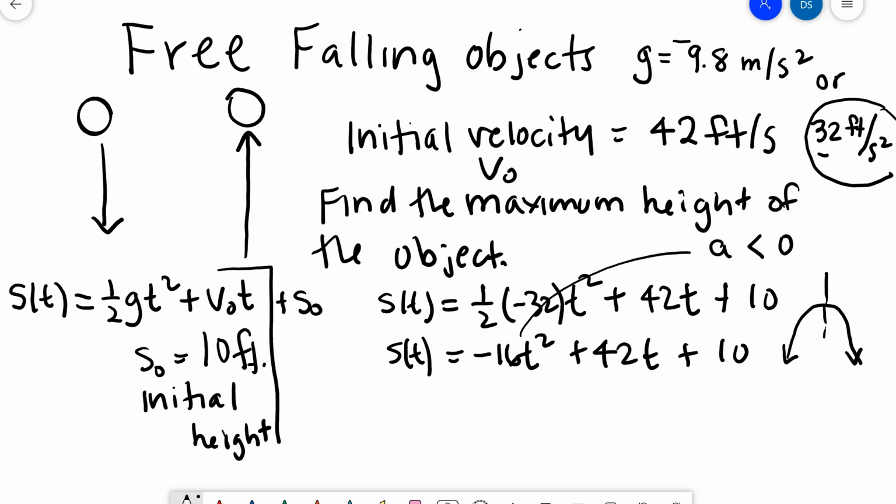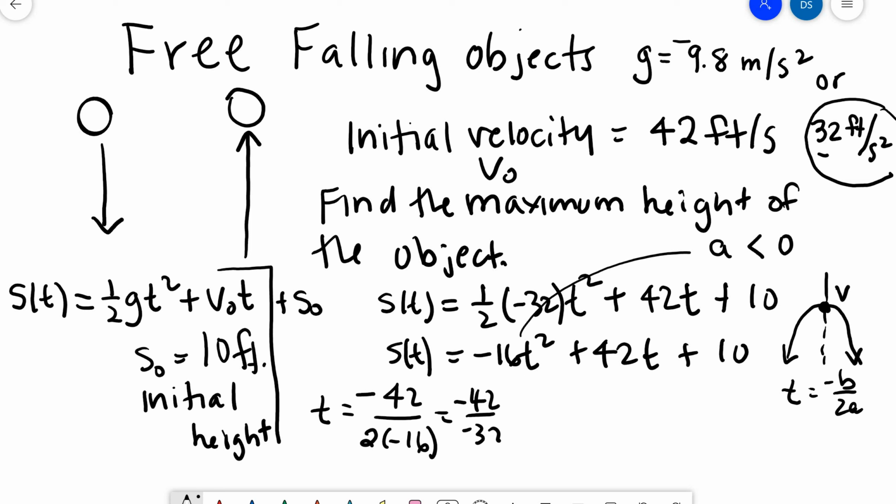And the axis of symmetry here is t equals minus b over 2a. So this is your maximum height here, that's your vertex. Okay, so we're going to find t first. So t equals negative 42 divided by 2 times negative 16, so we have negative 42 over negative 32.